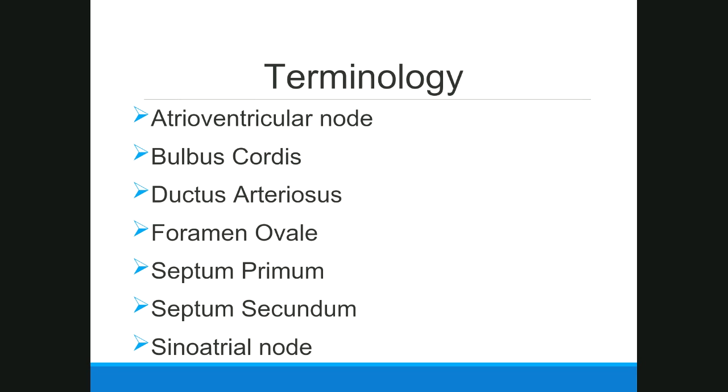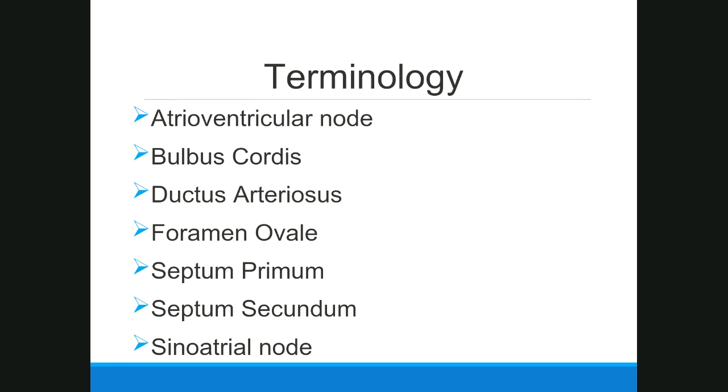We have our ductus arteriosus, which we know is one of 3 shunts that exist. The ductus arteriosus is a shunt between the aorta and the pulmonary artery to bypass the lungs. The foramen ovale is the shunt that exists between the right and left atria to help push the blood that comes into the right atrium directly over into the left side of the heart to avoid the right heart and again bypass the lungs.